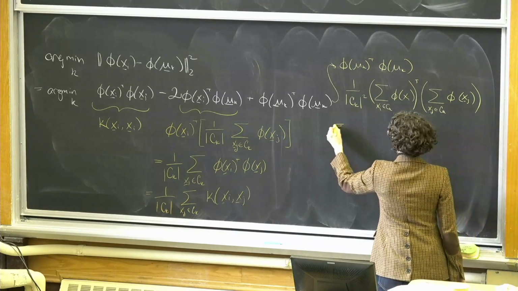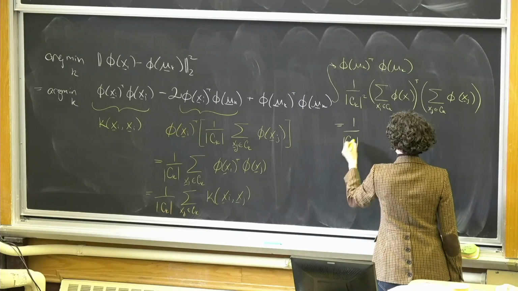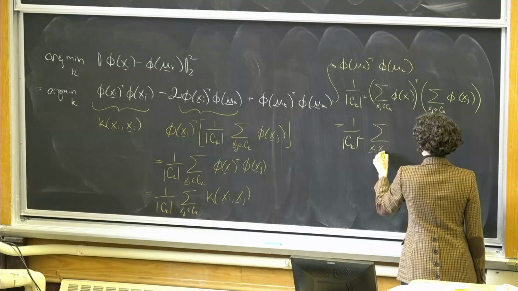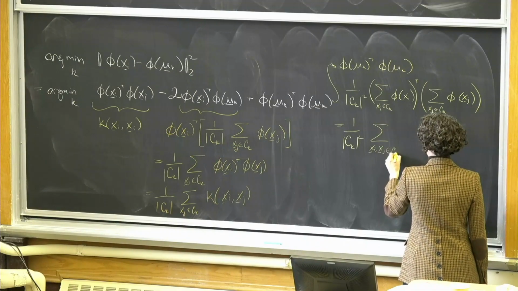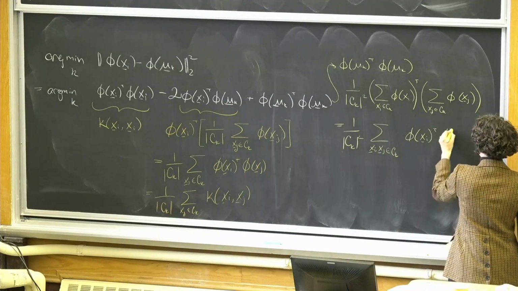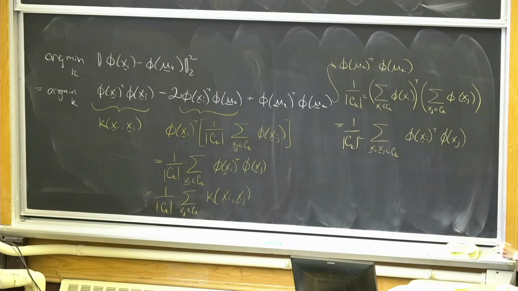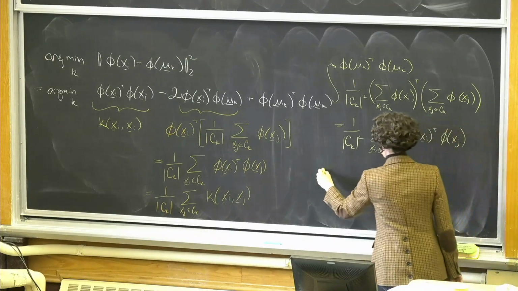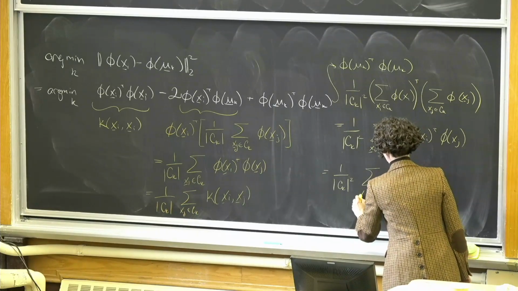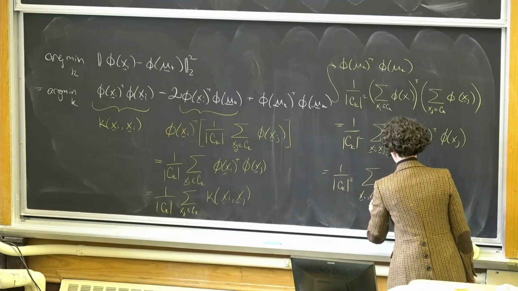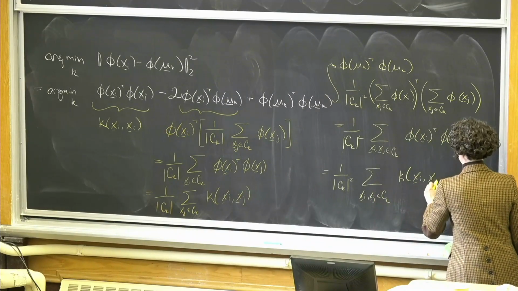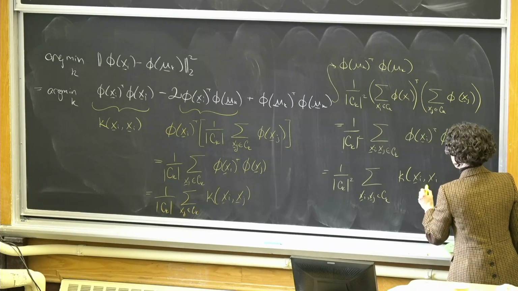This I can write as a double sum over xi's and xj's in cluster k of phi of xi transpose phi of xj, which again I can write using my kernel function. So 1 over the size of the cluster squared, sum over xi's and xj's in cluster k of my kernel function applied to the pair xi, xj.